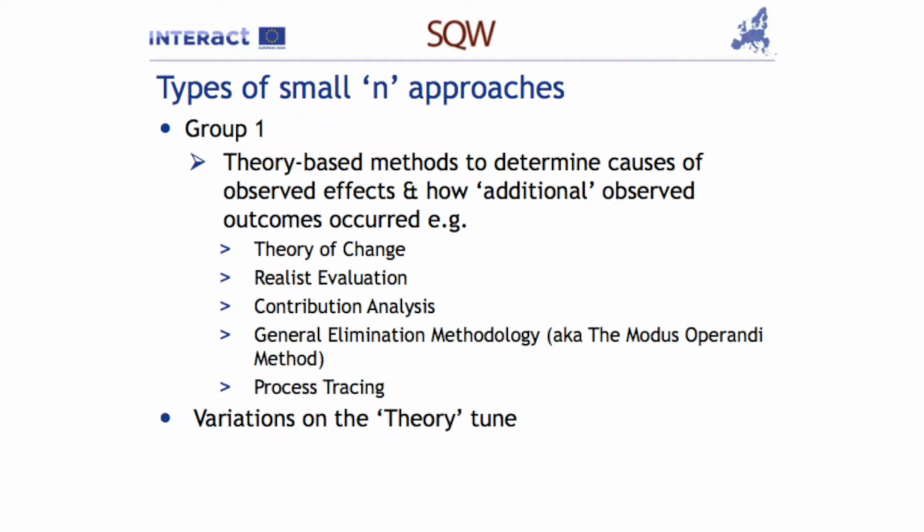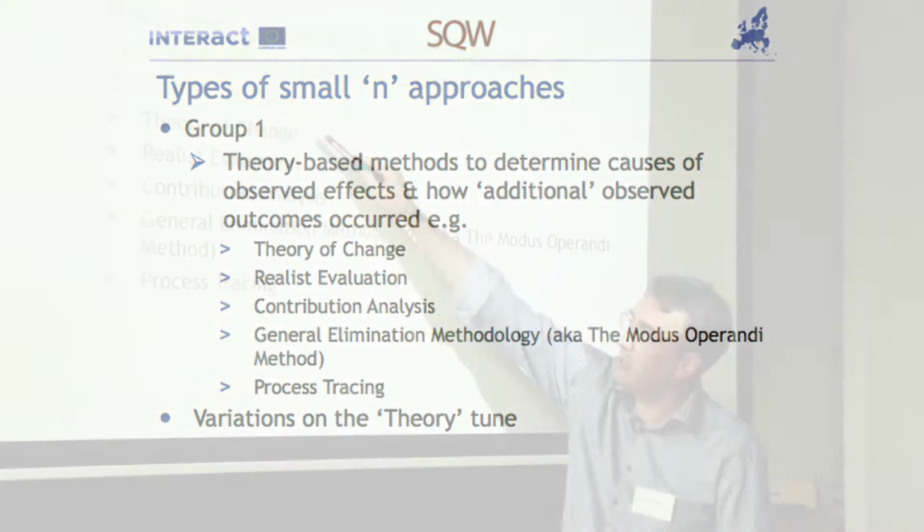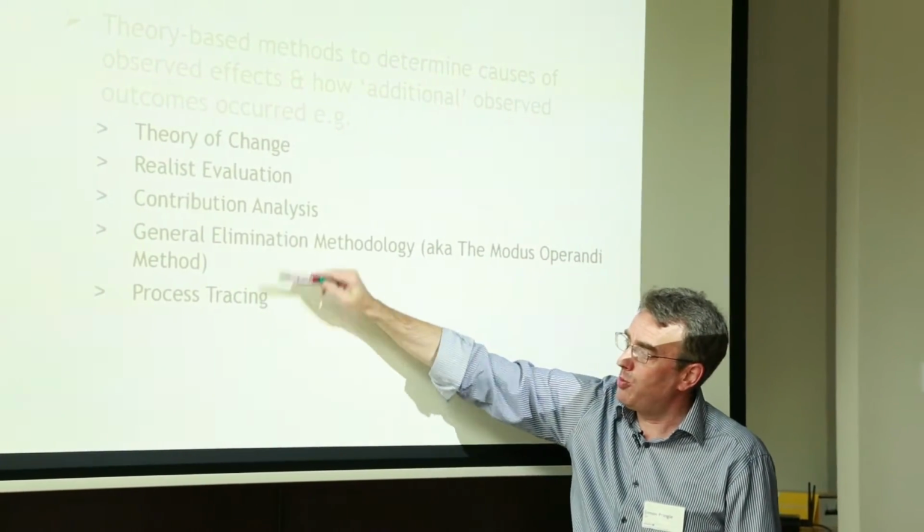The methods we would typically get coming out of this group will be under the broad heading of theory of change, and underneath that realistic evaluation, contribution analysis, this one and this one. I'm going to spend time talking about these three, but just be alert to these two.